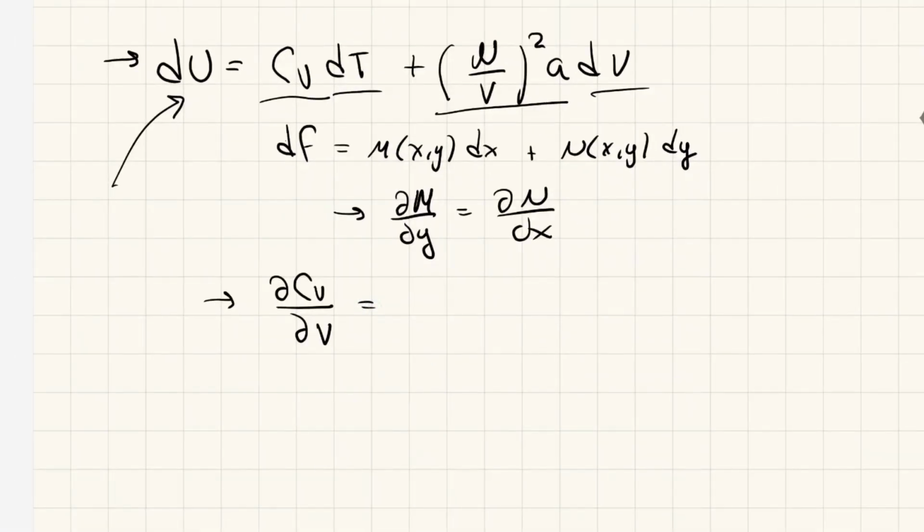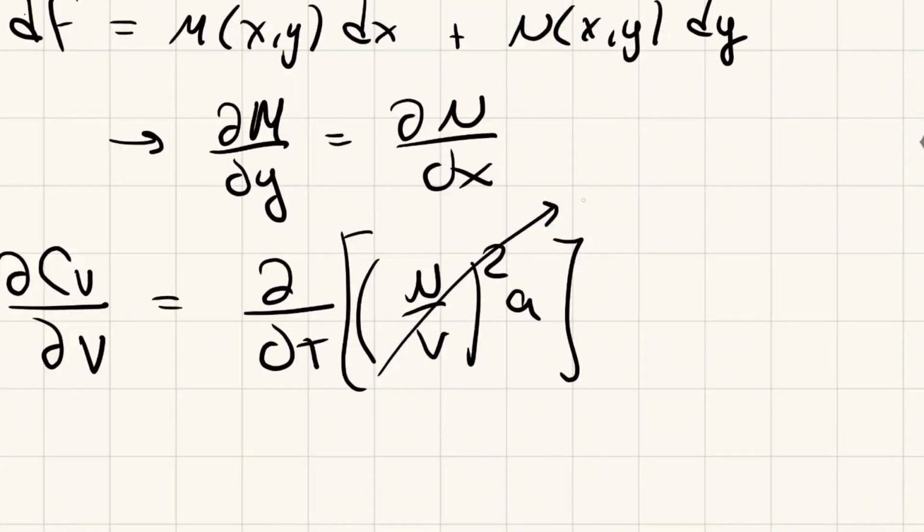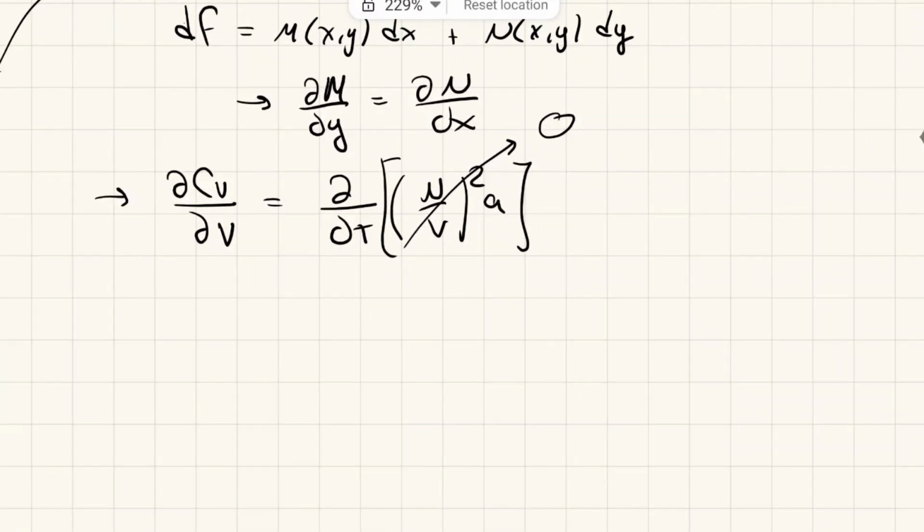So this will be the derivative of the heat capacity with respect to V is equal to the derivative with respect to T of N divided by V squared times A, right? And looking that this doesn't depend on the temperature, obviously this thing is equal to 0. And remember that on the previous lesson, we got to the result that the heat capacity doesn't change with volume, right?